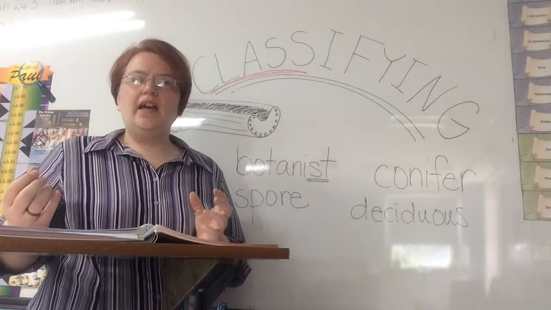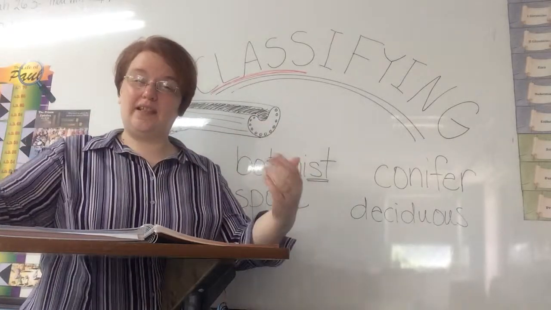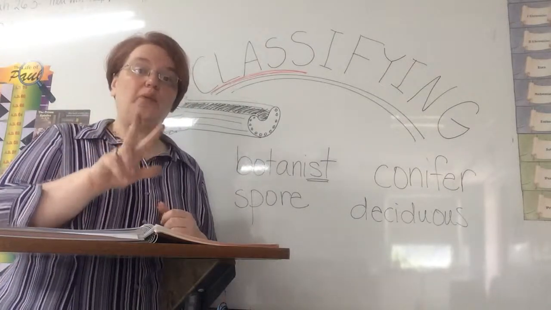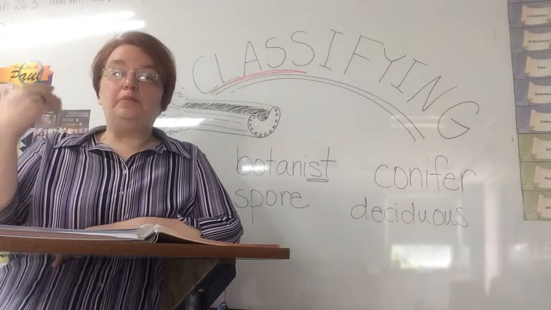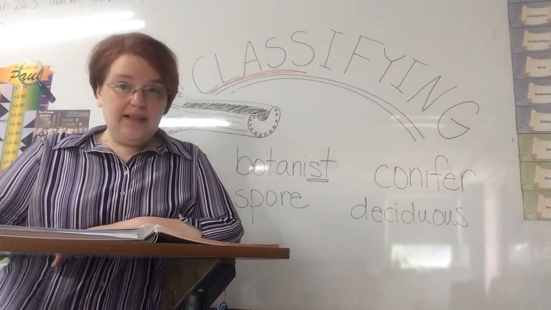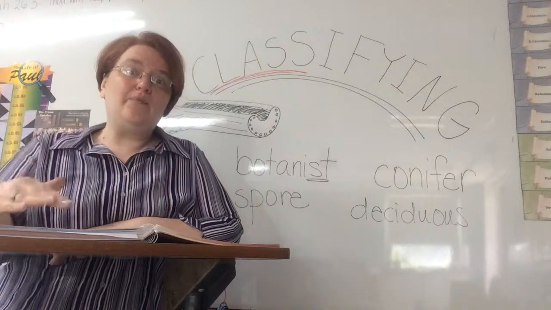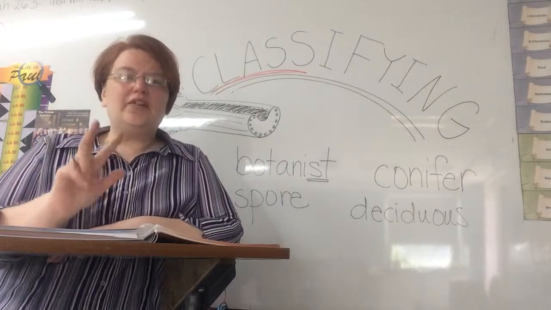All different things. They put them into groups that have similar characteristics. So in this lesson we're going to learn 3 ways botanists classify plants. There are many more ways, and I promise you in level 6 we're going to learn many more ways to classify plants. But in level 4 we're just learning about 3.